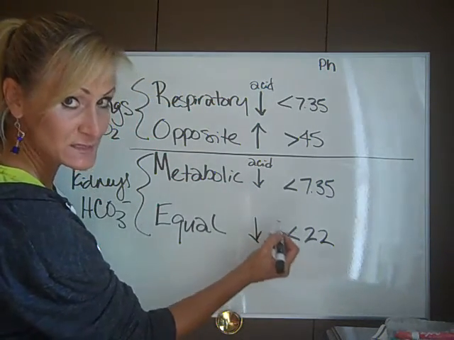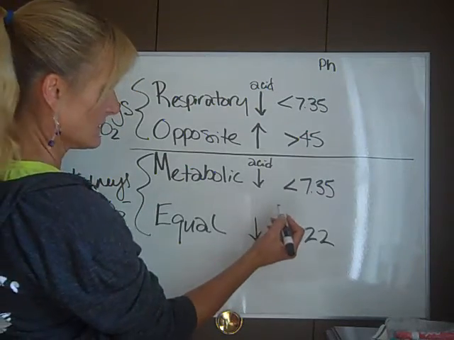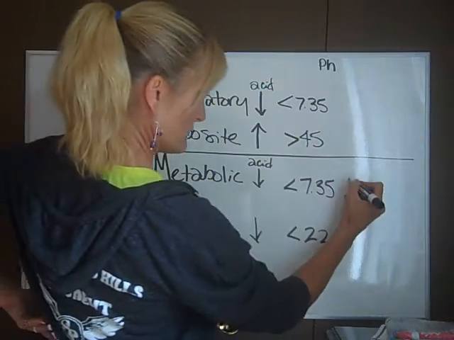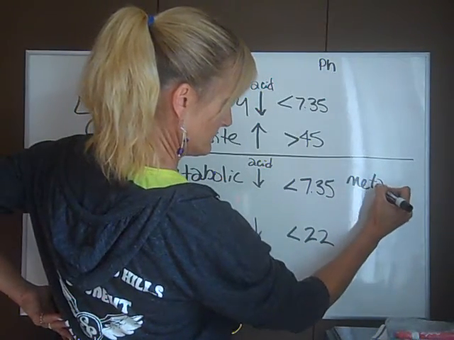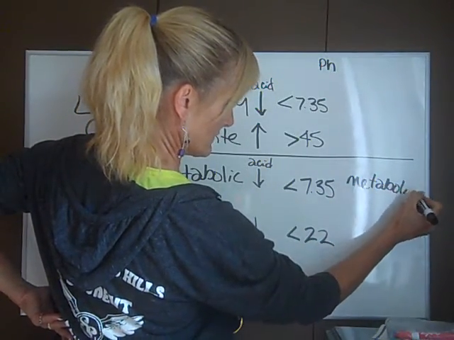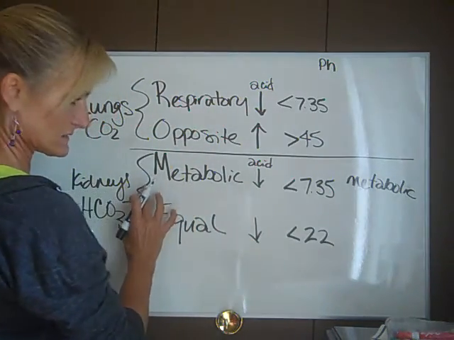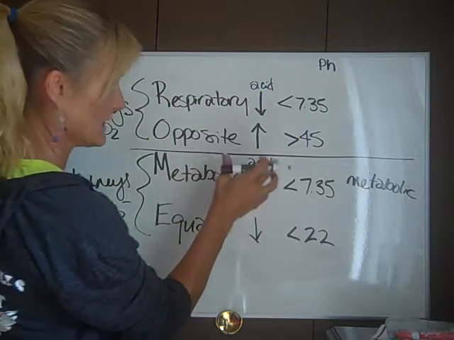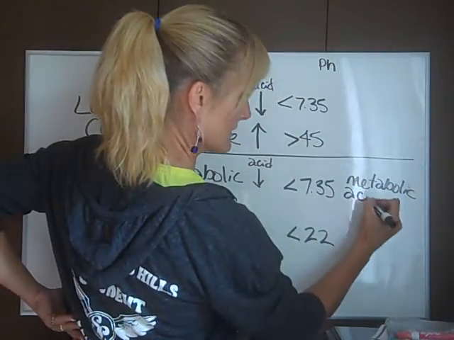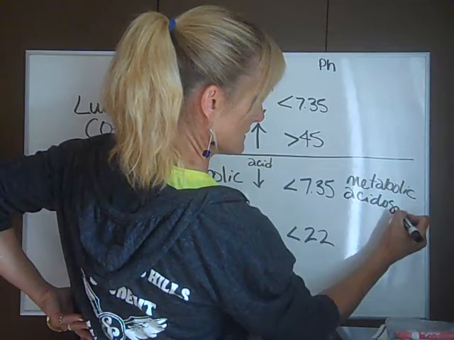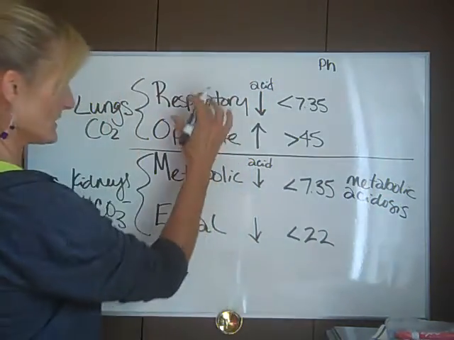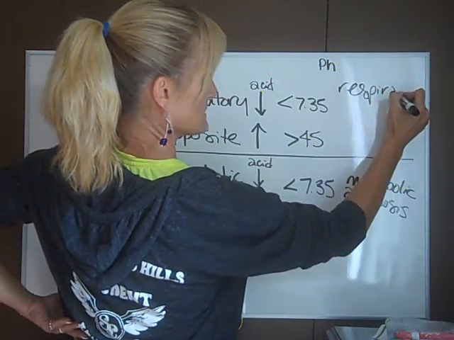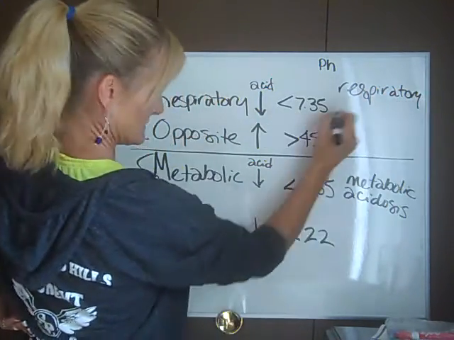That's less base. So this situation here you could call metabolic, because it's coming from a metabolic problem, because both of your arrows are going in the same direction, it's metabolic acidosis. This situation is respiratory acidosis.